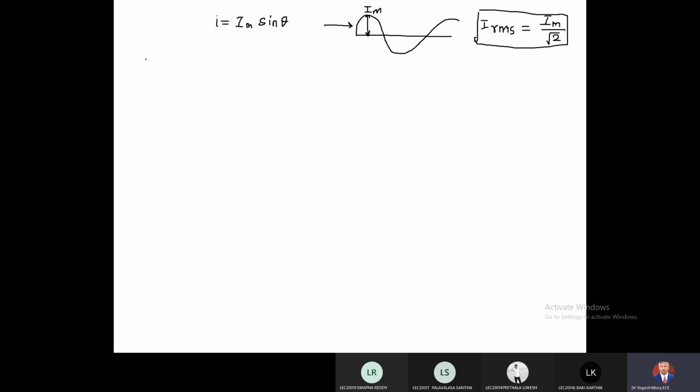So we will do a small calculation for this, first the IRMS of this sine wave.